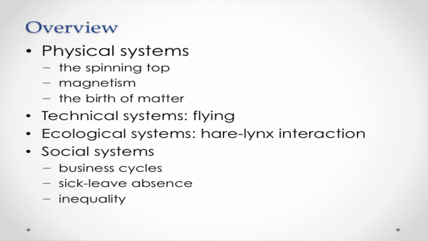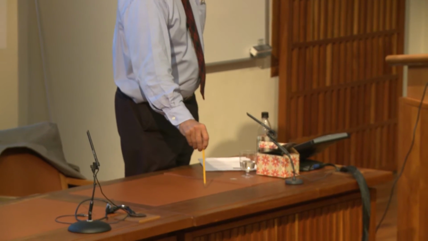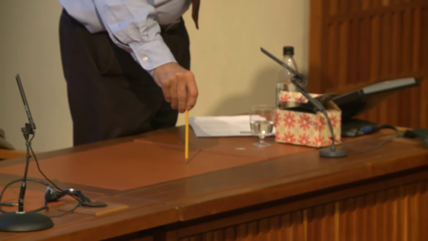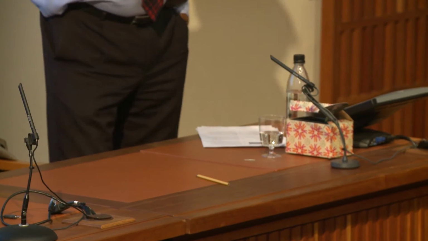But first I'll make a physical experiment, and it's actually a very popular experiment among physics teachers because it always succeeds. If I place this pencil on its top like this, and if I let it go, it will fall. See, it always succeeds.